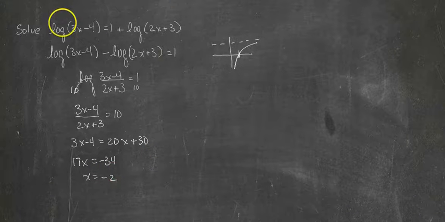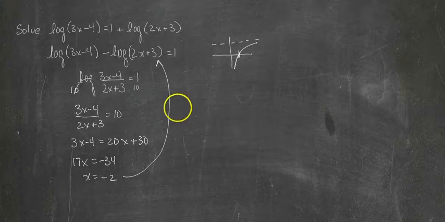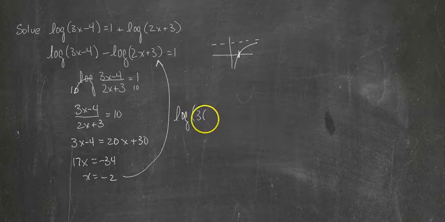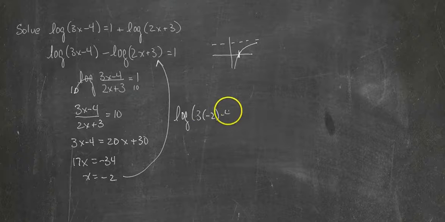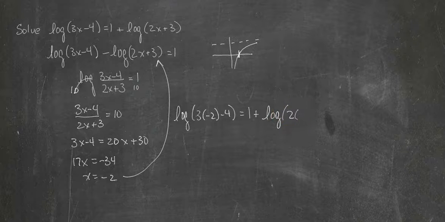Now I'm going to plug this back into the original to check it. I get log of 3 times negative 2 minus 4 equals 1 plus log of 2 times negative 2 plus 3.